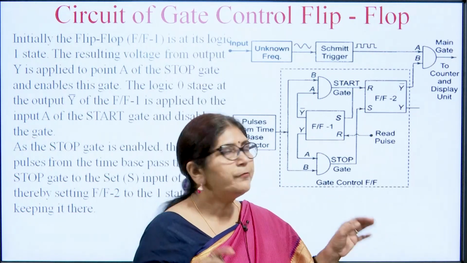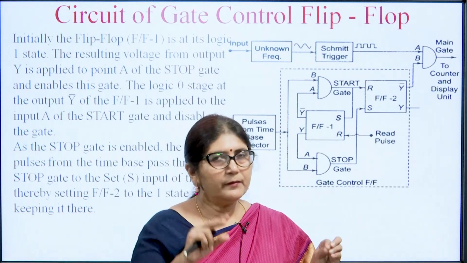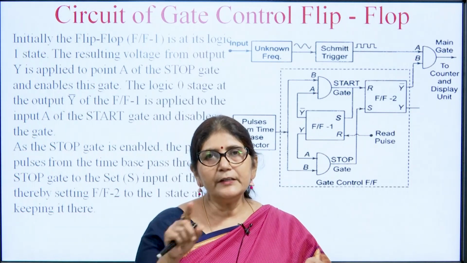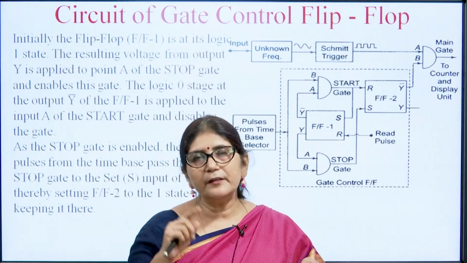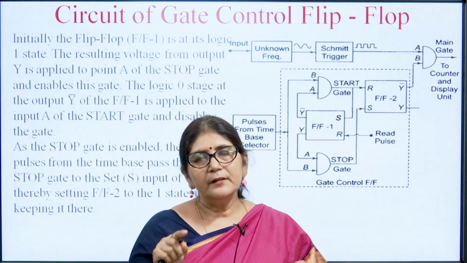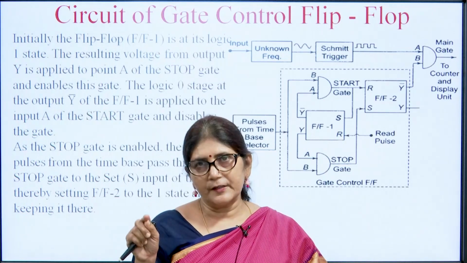The counter's main function is to count, and the display device is calibrated in terms of frequency, meaning the display device will display the frequency, that is, the number of pulses that pass in 1 second.